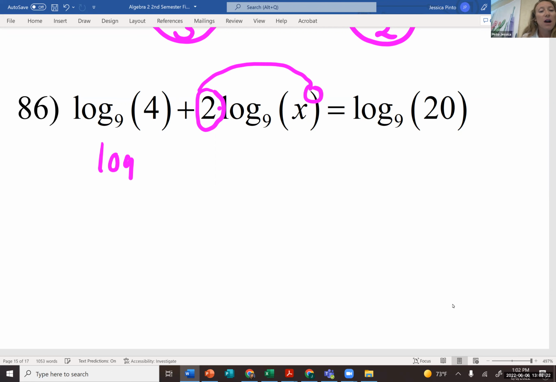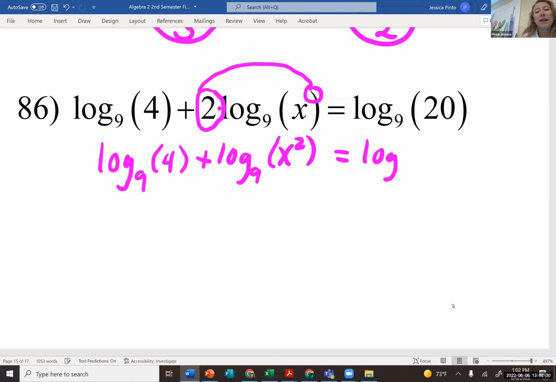So this is going to be log base 9 of 4 plus log base 9 of x squared is equal to log base 9 of 20. The next rule I see is the addition of logs rule, right?